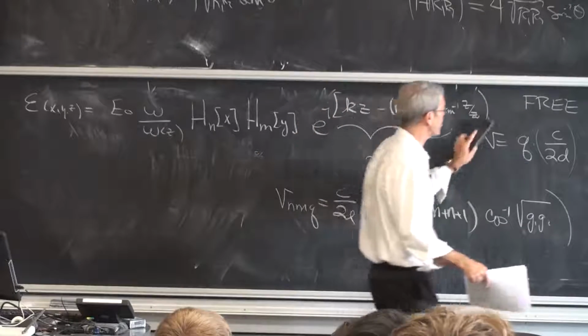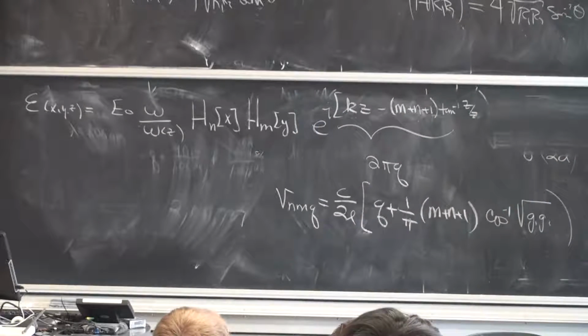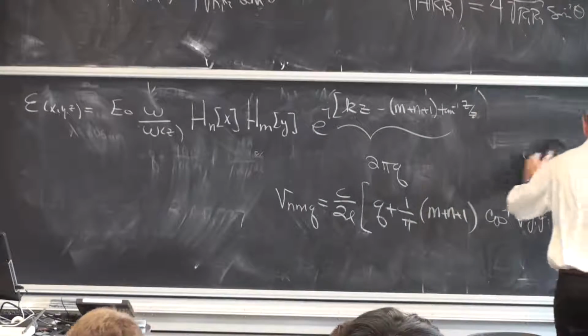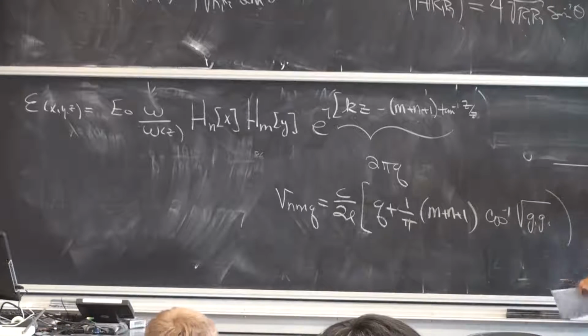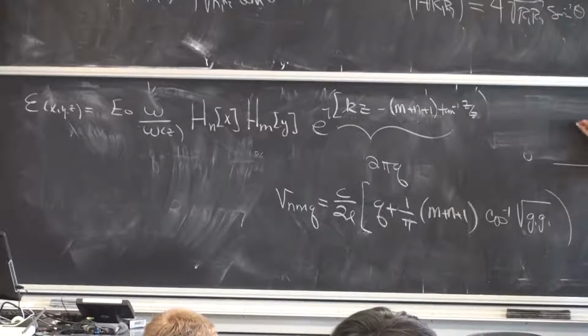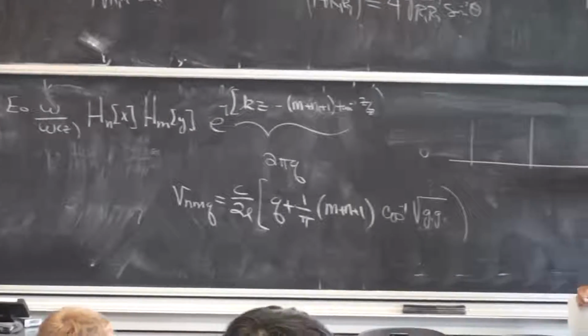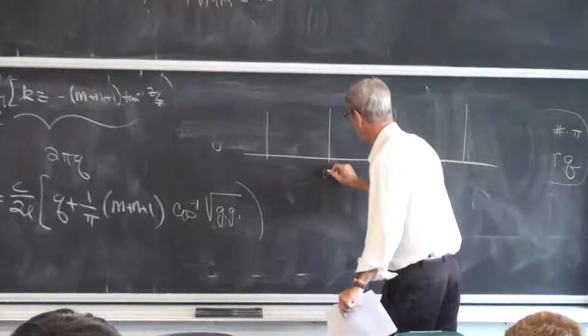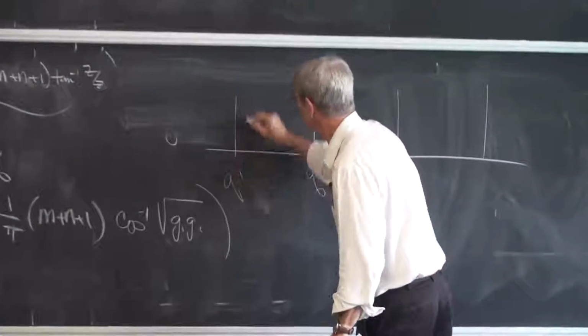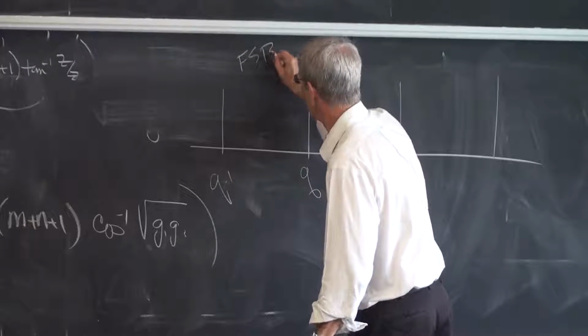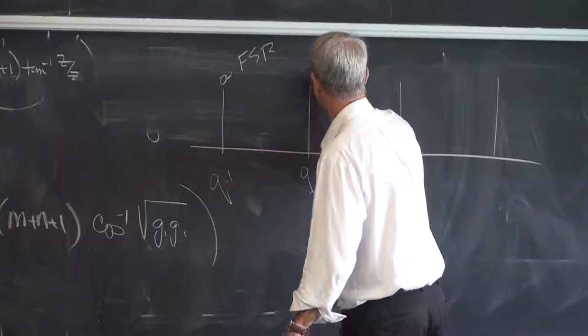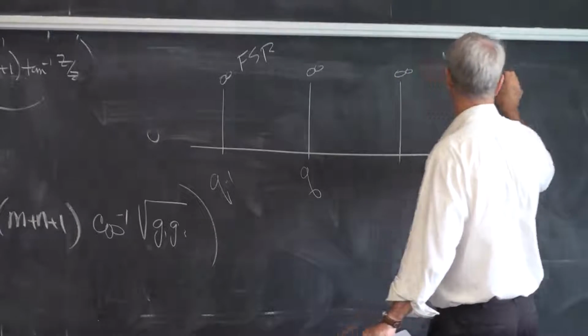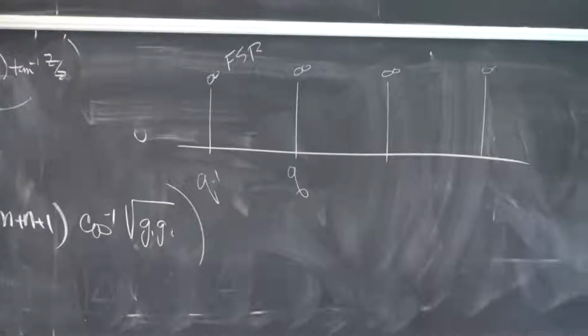What that does is make every mode have a slightly different frequency. If I look at all the modes in a cavity, I'm going to find I have a mode every FSR. Here's q, q minus 1, separated by FSRs. This will be the mode for the 0, 0. So the TEM00 mode has an allowed mode every FSR.